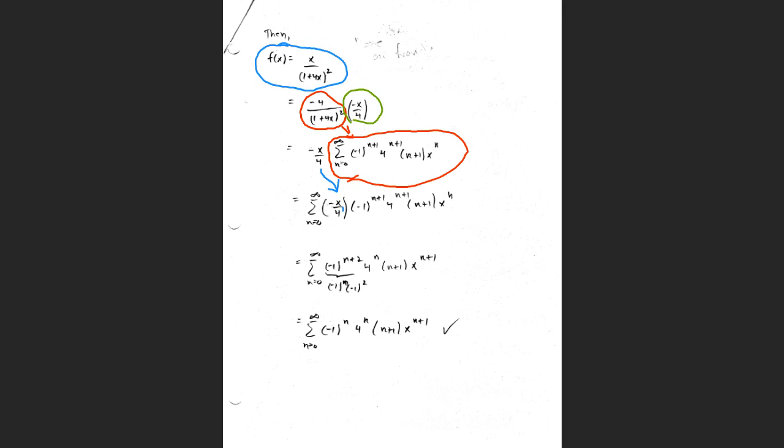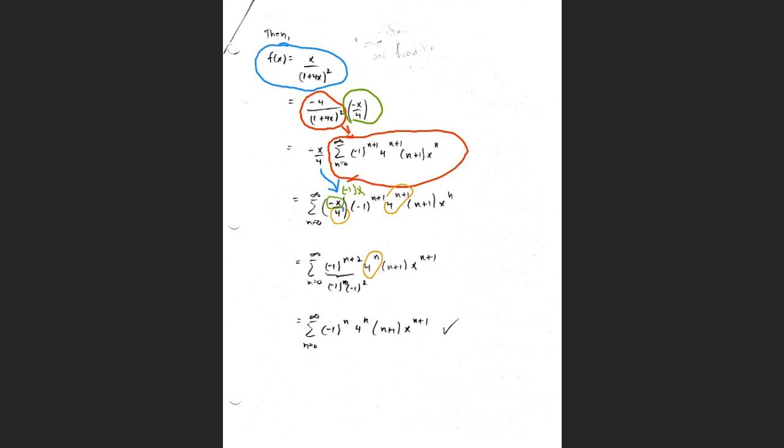I have a 4 to the first power here, and I have a 4 to the n plus 1 power here. We subtract the exponents. That's going to give us 4 to the nth power. I have a -x here, which I can write as -1 times x.